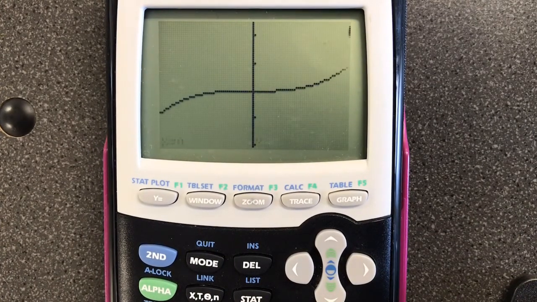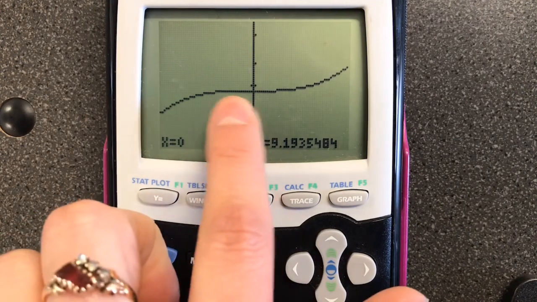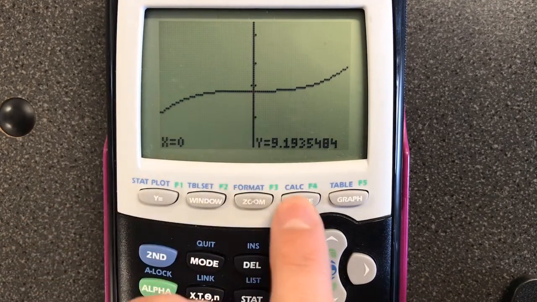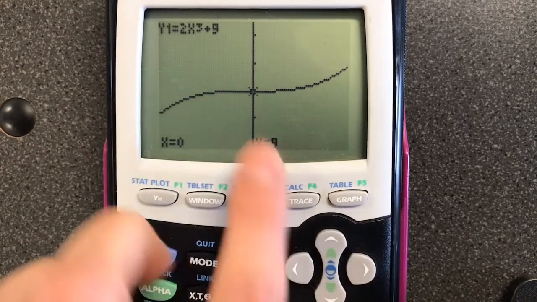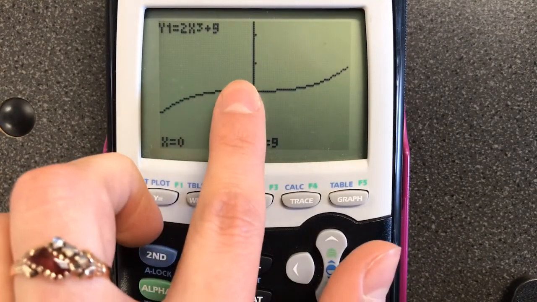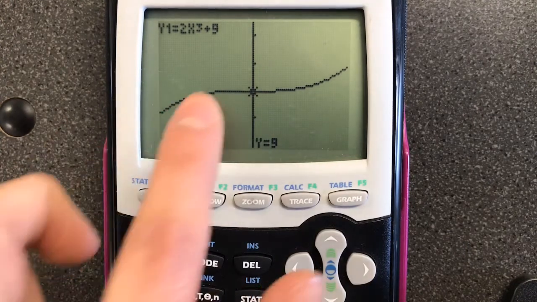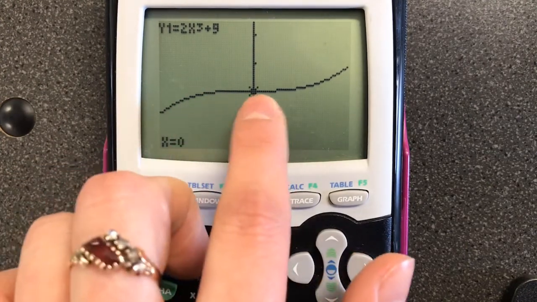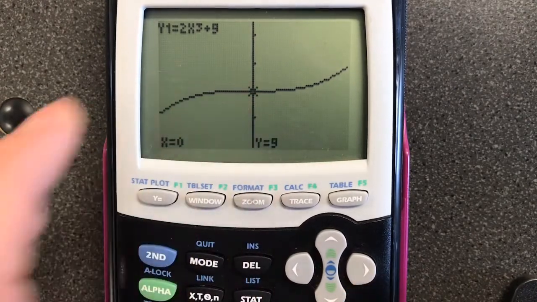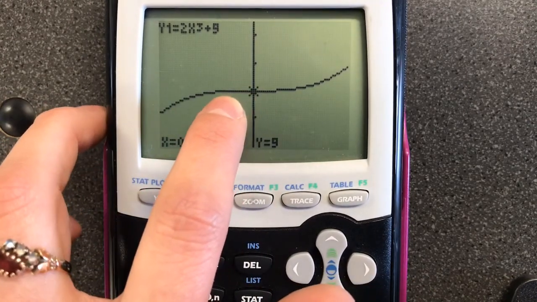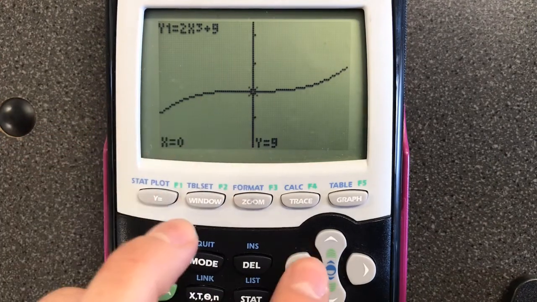And then it looks like I'm still kind of getting this horizontal line. But if you hit trace and then you arrow left and right, so if I arrow to the left, it looks like for sure past this maybe horizontal line, things are decreasing. And to the right of it, it looks like things are increasing. So what I expect to happen is for y coordinates to decrease as I move to the left.